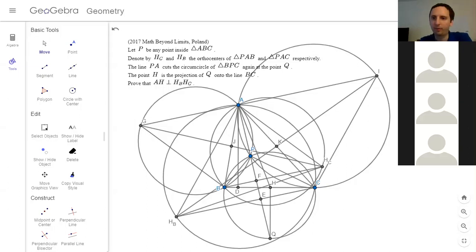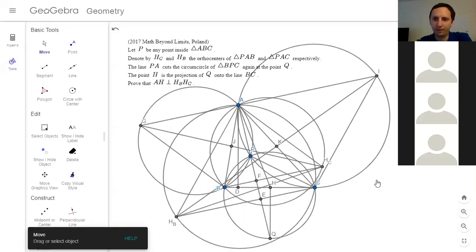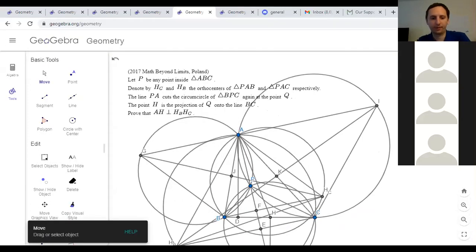Okay. Yeah, I'm going to move on to the next problem. This one looks kind of hard. Then we could see if we end up solving that.